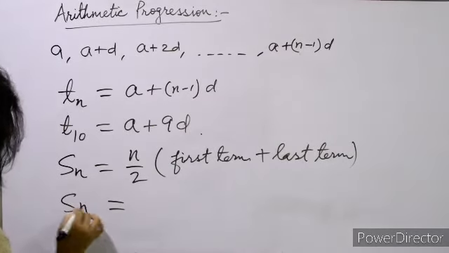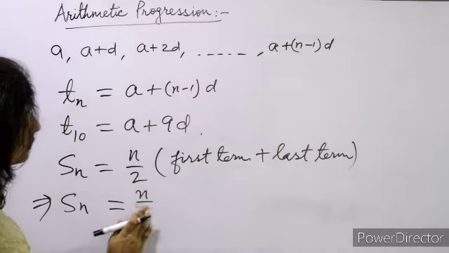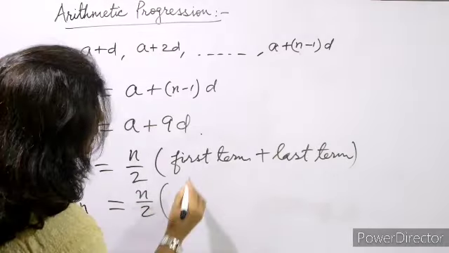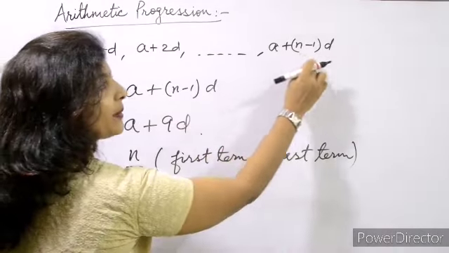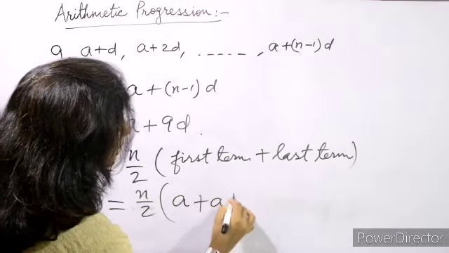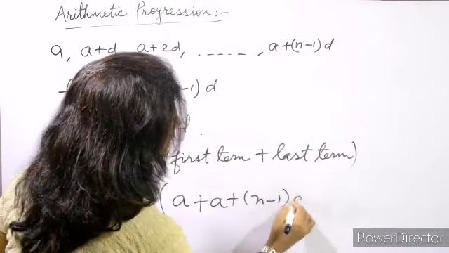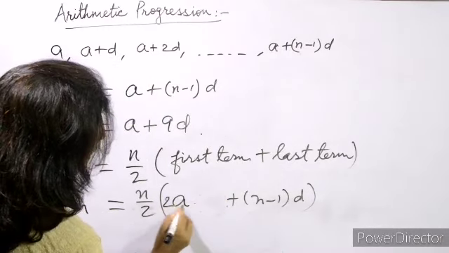Otherwise, we can also find it like this: the first term is A and the last term is A plus N minus 1 D. So we can write A plus A plus N minus 1 D, which we can also write as 2A plus N minus 1 D.